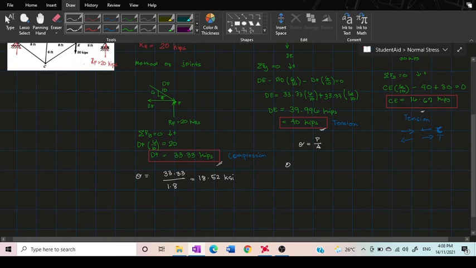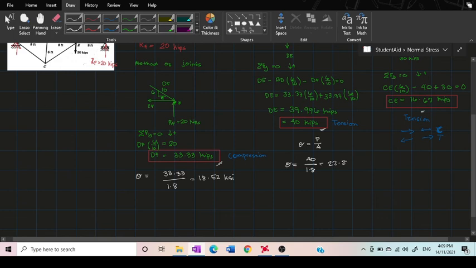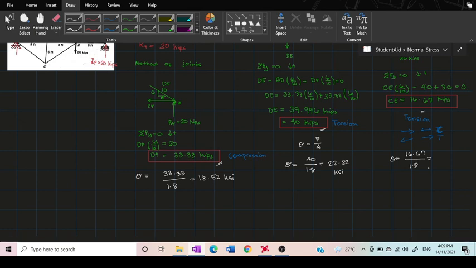For DE, we have stress is equal to 40 over 1.8, which is equal to 22.22 ksi. Next is CE. Stress is equal to 16.67 all over 1.8, which is 9.26.